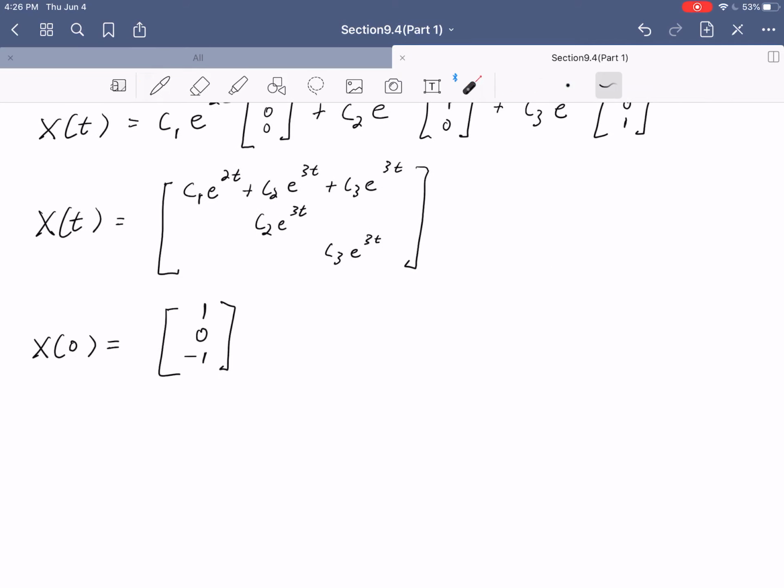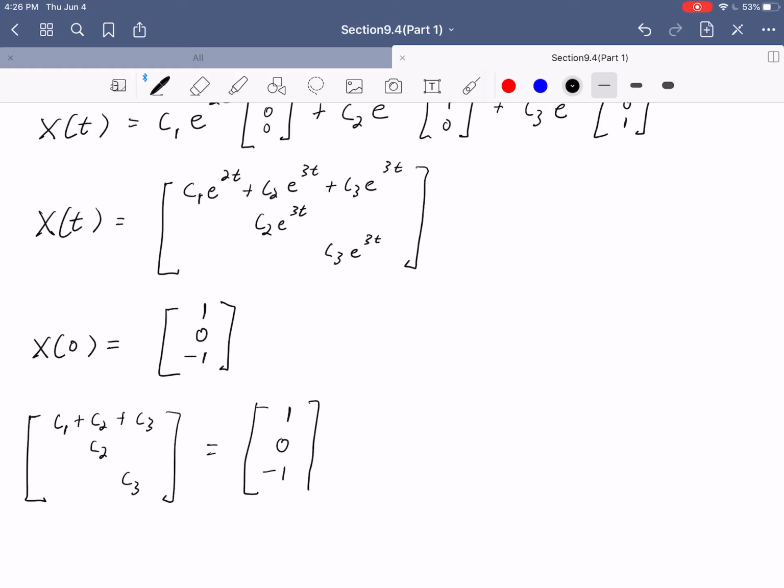So what is x of 0? Let's plug 0 into this, and we should get C1 plus C2 plus C3, C2, and C3, which is supposed to be 1, 0, minus 1.